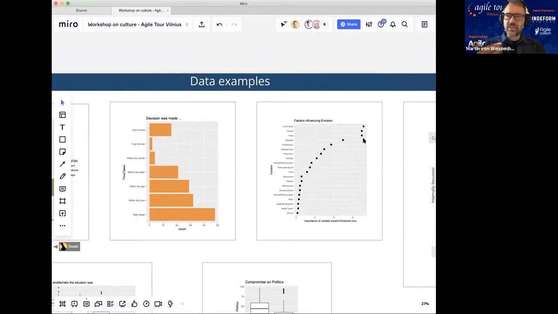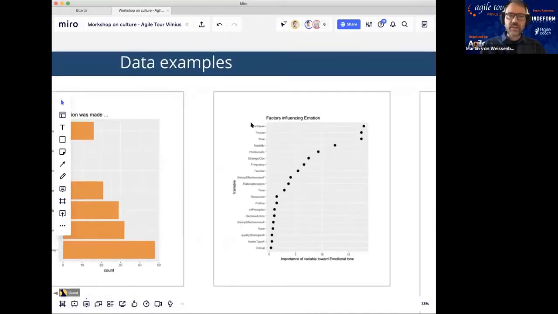We ask people, does this make you feel happy or sad? And we can see, for example, in this case, that time taken is a very strong signifier. It has a strong correlation with the emotions that people have, and in this case, it is a negative correlation. So the shorter the time, the happier the person is about that decision or that particular event in the organization.